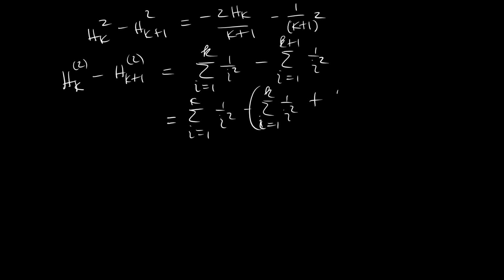Let's just write it like that. And this and that go, so we're left with negative 1 over k plus 1 squared.